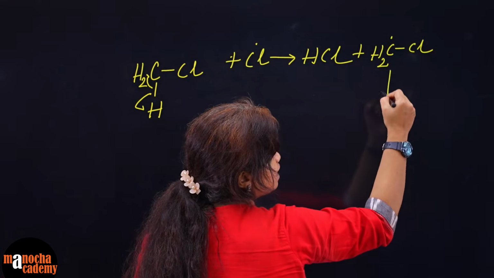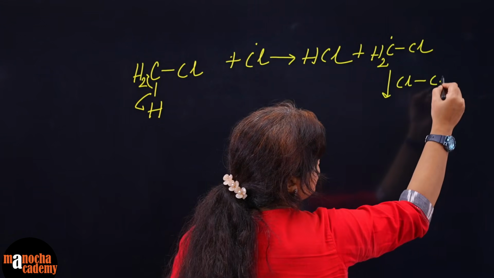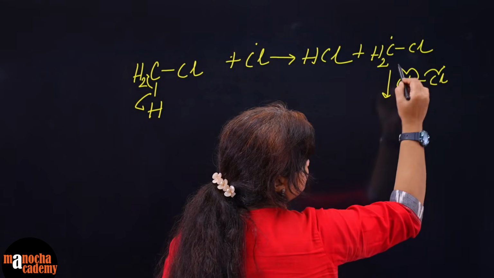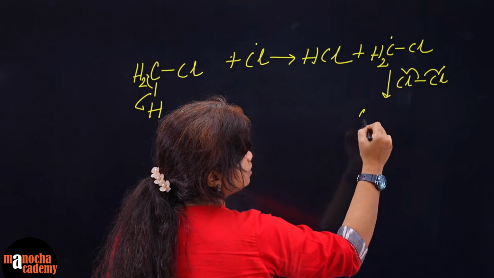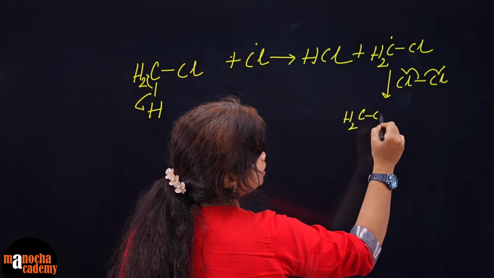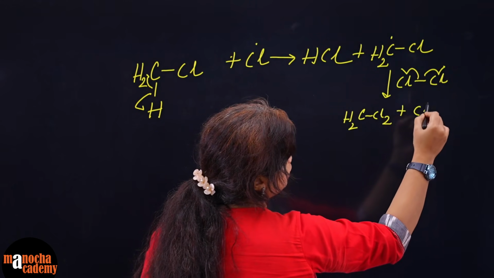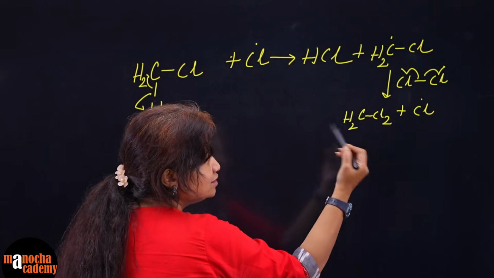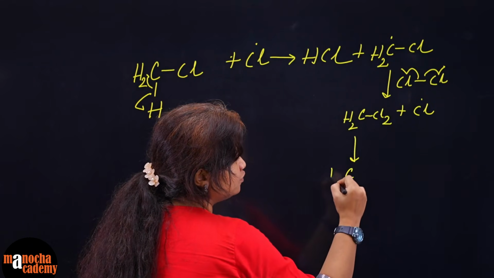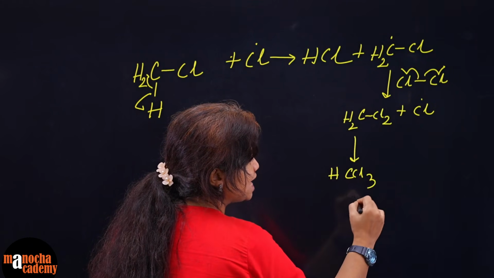This CH2Cl will combine with a chlorine molecule again homolytically like the previous one, and what you get here is CH2Cl2 plus another chlorine radical. This will again react. Ultimately you get a mixture of products, if you remember, CHCl3 as well as CCl4.